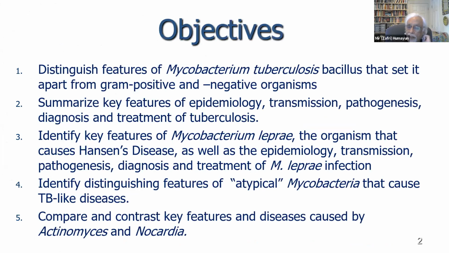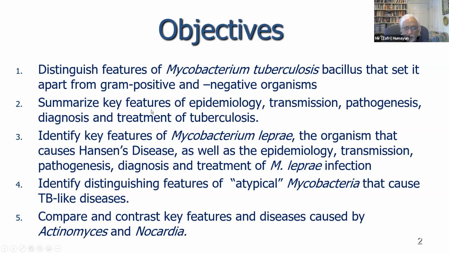This is a slide that gives you an idea of what is important, what isn't important. Our task in this lecture is to distinguish the features of Mycobacterium tuberculosis, and how that differs from other gram-positive and gram-negative organisms.